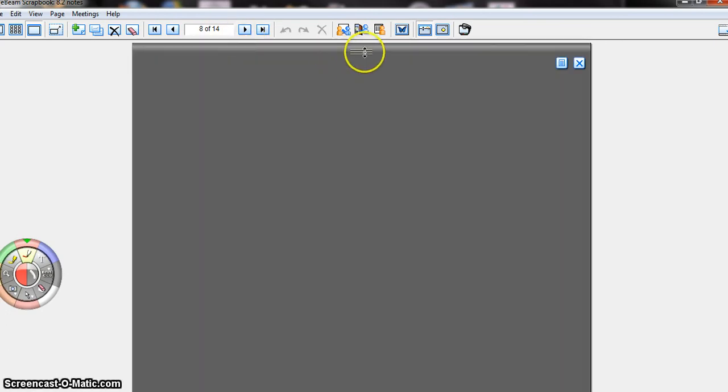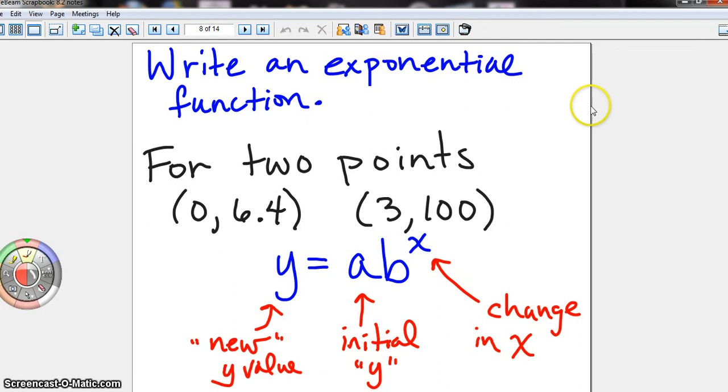That's going to set me up for writing exponential functions. So let's just deal with 2 points. If I change from a point 0, 6.4 to a point 3, 100, how did I exponentially grow?